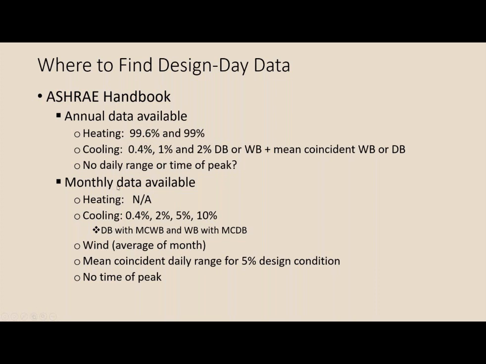The ASHRAE standard does have some monthly design day data available. But there are different values for the percentages, and it gets a little confusing which ones you pick from the monthly to match those specified values for the annual. I'll talk a little bit about a process I used to get to that, but these are things that you have to sort out.